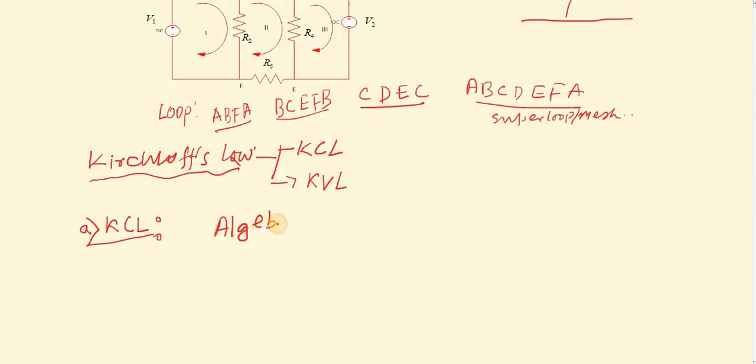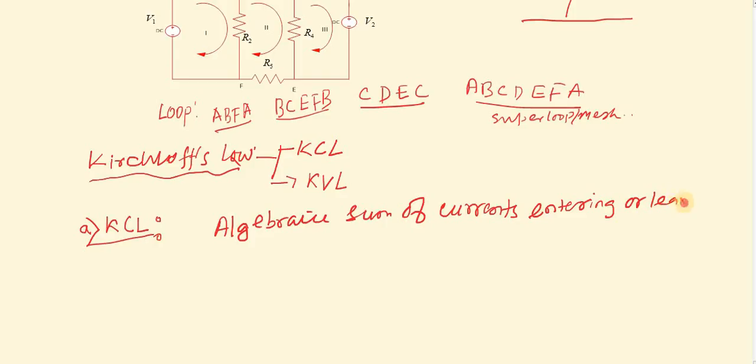Algebraic sum of currents entering or leaving a node is zero. In mathematical form, summation of current I is equal to 0.